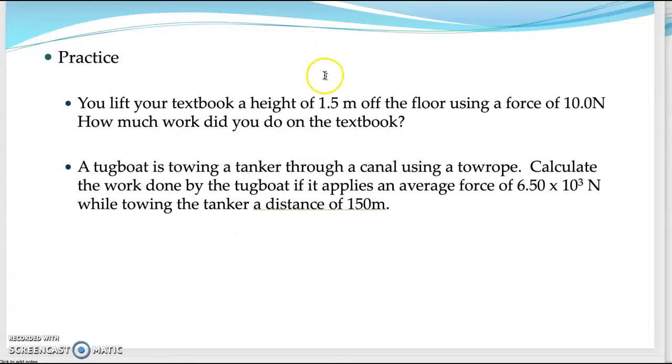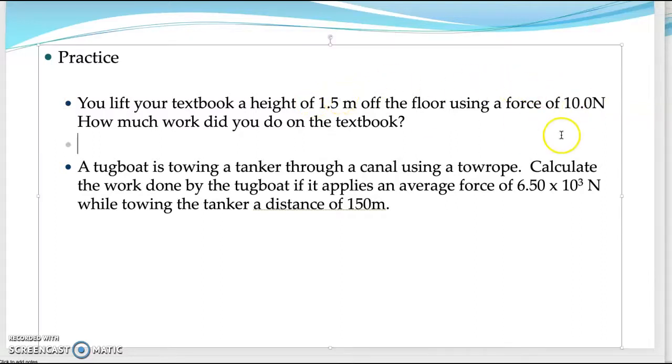All right, so if we lift this up, work is force times distance. So show your work, of course, but to double check it, that's going to be your final answer.